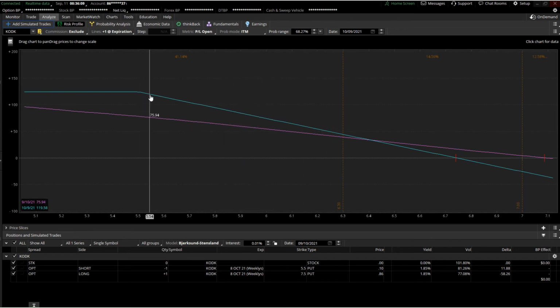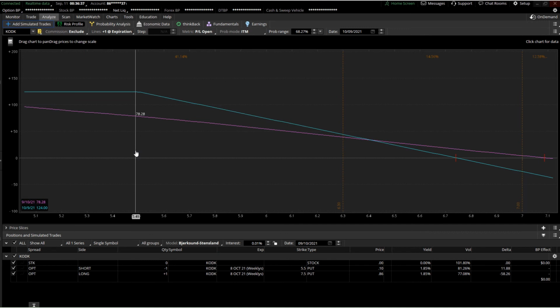But where price stops going vertical and becomes more like a flat line, this is a cap on the most I can make in this trade. Right here, the most I can make is $124 if I take it all the way to my strike of 550.